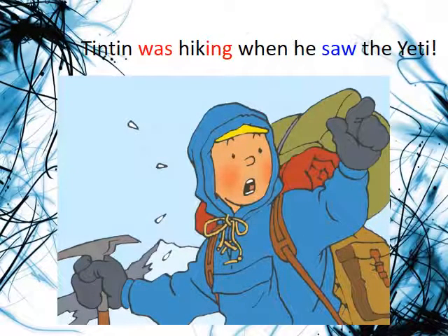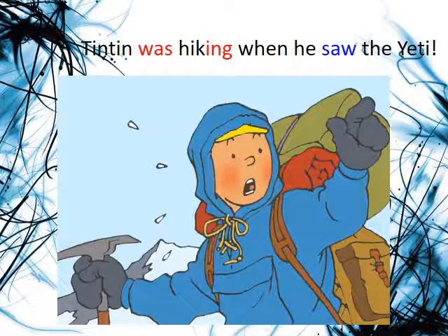So in order to better understand the past continuous, let's see some examples here. And as you may know, this is a cartoon series that we watched when we were kids, and there are of course some kids that still watch it. Tintin was hiking when he saw the Yeti. So here we have two actions. There's the long action and the short action. The first one is the long action, and the second one is the short action.